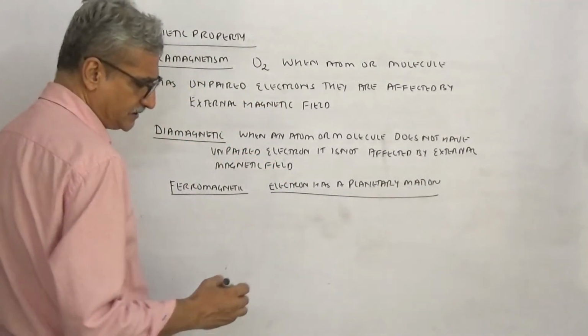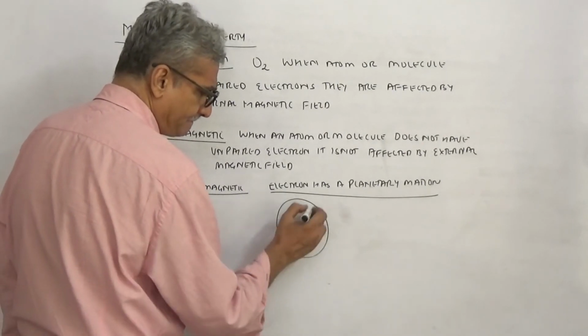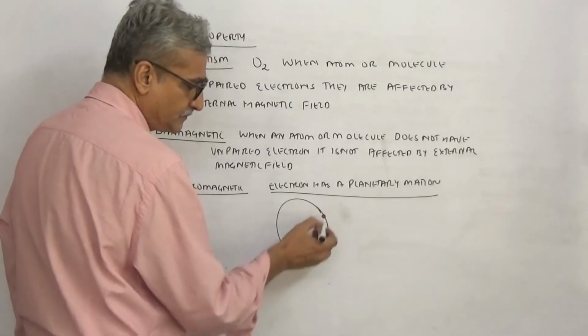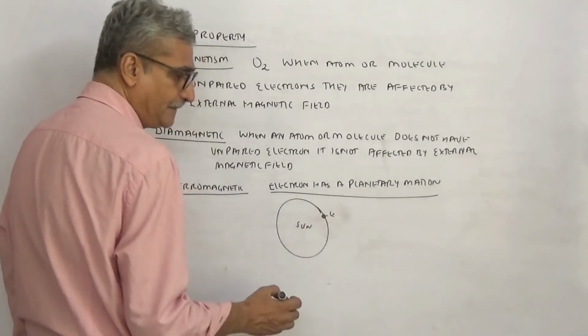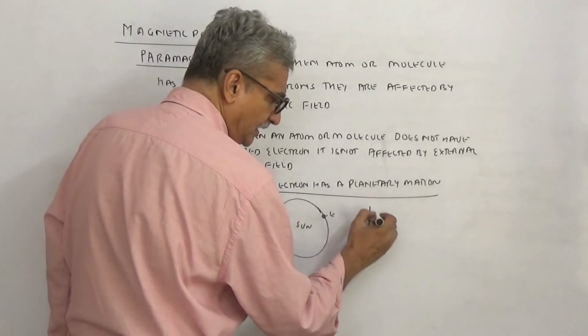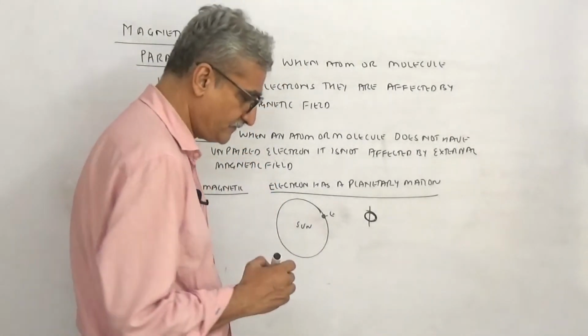Just like Earth revolves around the sun, but in a day, Earth also revolves around its axis, once in 24 hours.